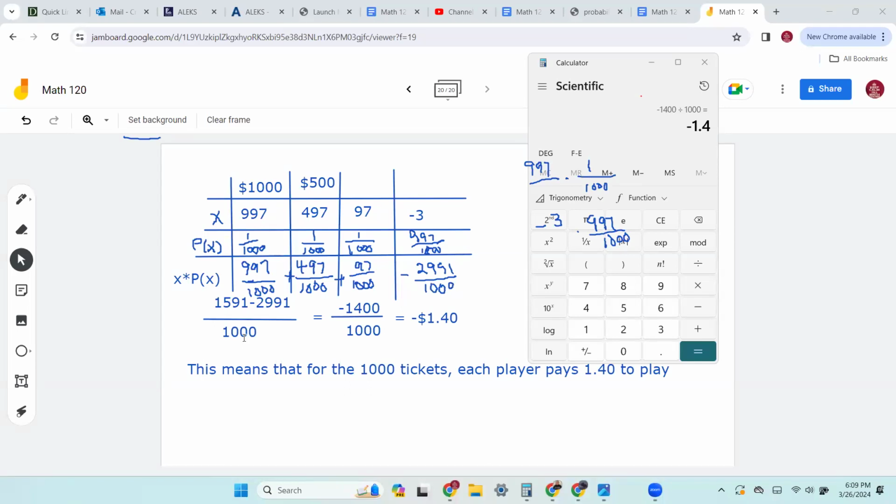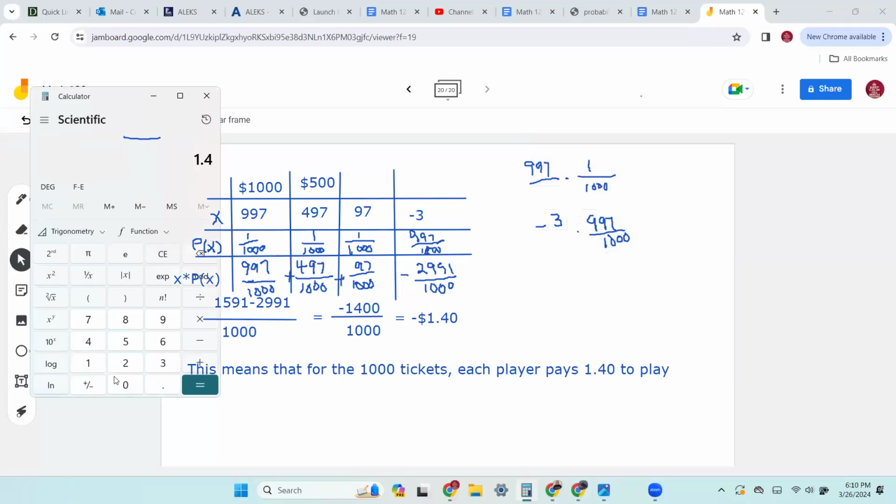But on the average, the house, whoever this is, if it's a church or a benefit, can expect that each one of those 1,000 people for each ticket will pay $1.40. So that means, I don't know if they'll ask you this, but they might ask you this in ALEKS, 1.4 times that.